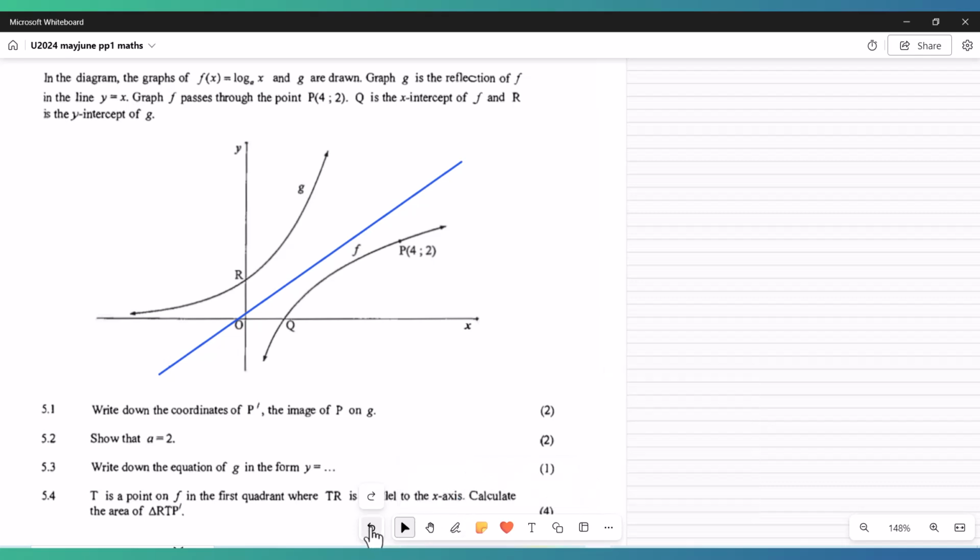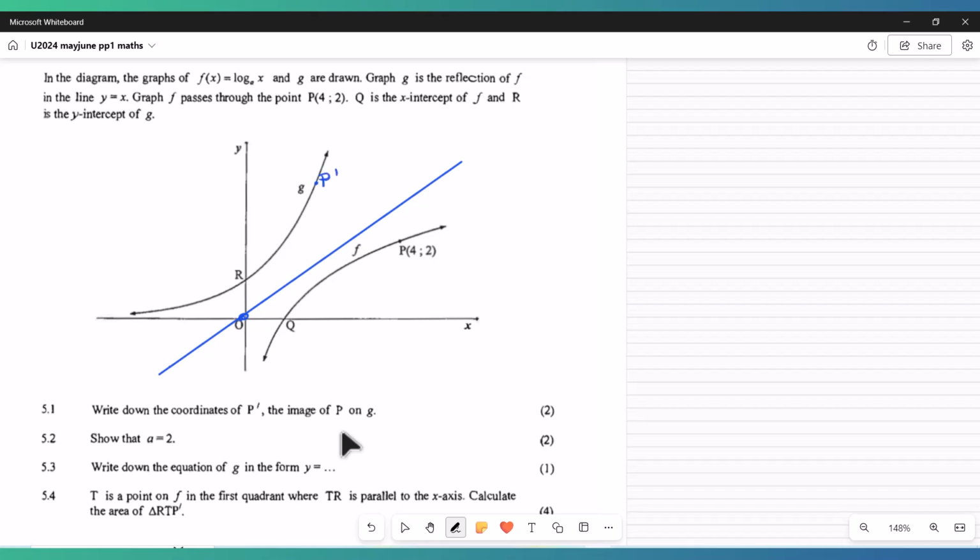Okay. Now let us get what they want us to get here. They say write down the coordinates of P prime, the image of P. Now if this is the line y equals x, which is supposed to be passing through the origin, and this is P, our P prime is somewhere here.